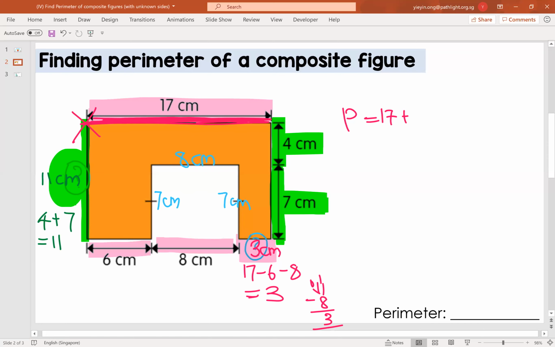So we write down 17 plus, you walk down, 4 and 7 gives you 11. So you add 11. Then you walk across the 3 centimeter side, so you plus 3. And you walk upwards along the 7 centimeter, so plus 7.